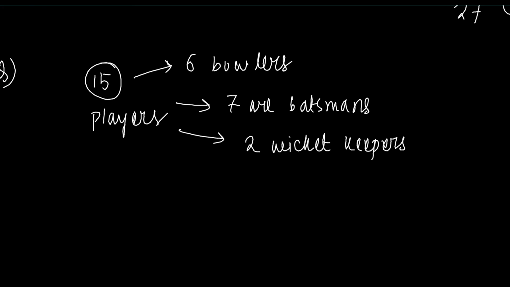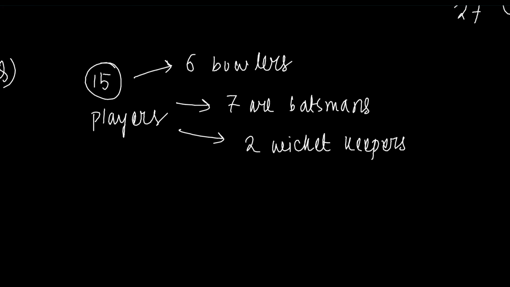Now you see that if we just take the minimum number of bowlers, batsmen, and wicket keepers, it comes to 10 players. So if we take 4 bowlers, 5 batsmen and 1 wicket keeper, the total number of players is 10. So we just have to take 1 extra player. Now 1 extra player we can take in 3 cases.